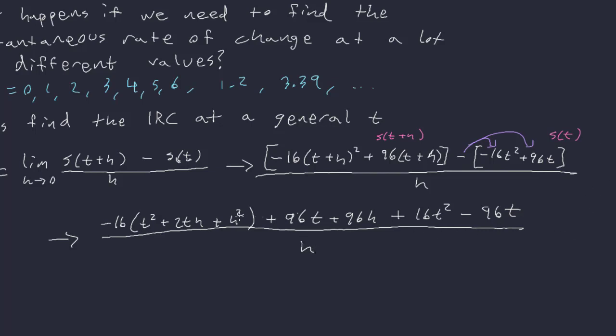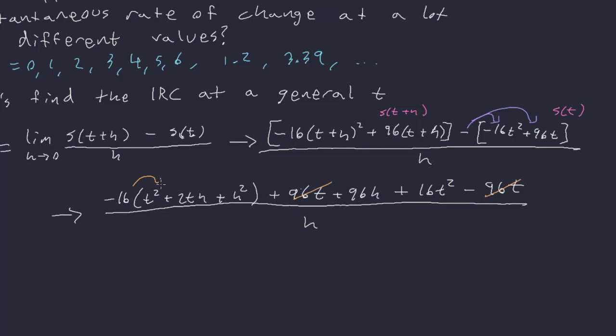And we can see a lot of stuff canceling here. Maybe not a lot right now, but these 96t's right off the bat are going to cancel. And then once we distribute this negative 16, so let's do that in this next step, we're going to get negative 16t squared minus 32th minus 16h squared.